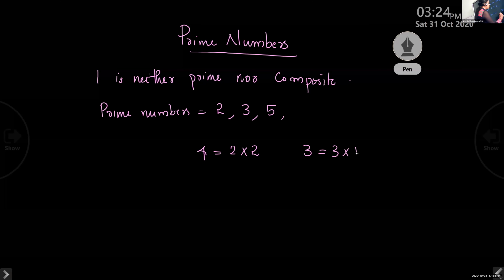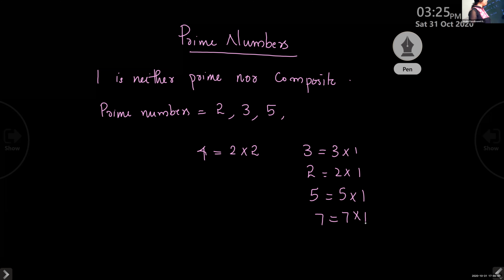What about 2? Only 2 into 1. What about 5? 5 into 1. What about 7? 7 into 1. Only the 1 table and the 7 table, no other multiplication table. The 7 will come as an answer.